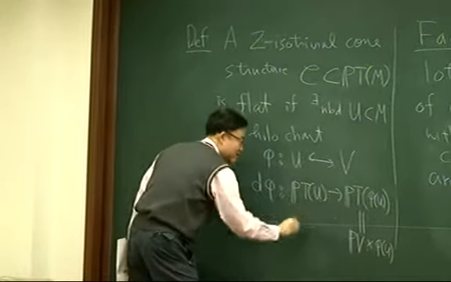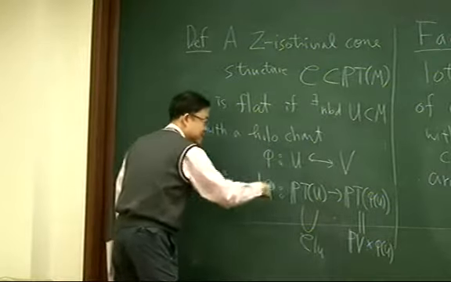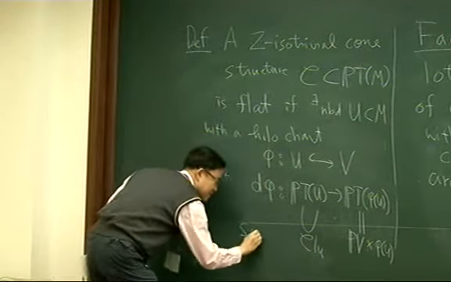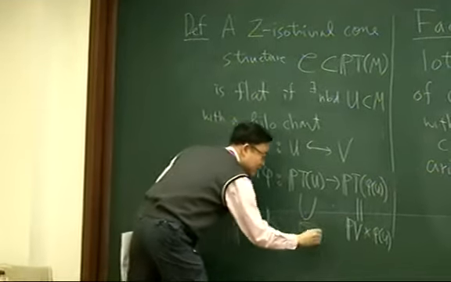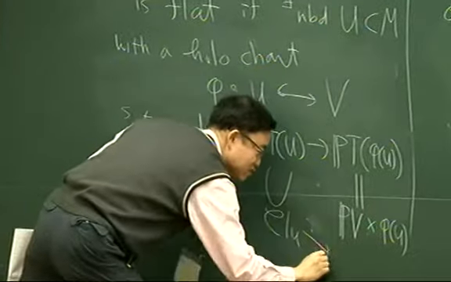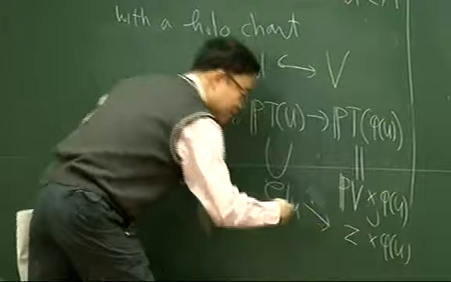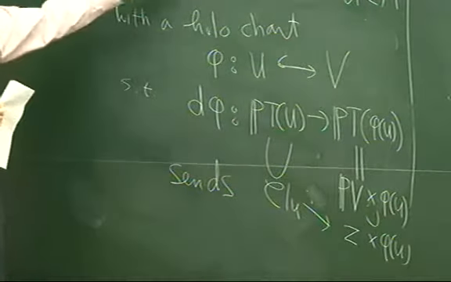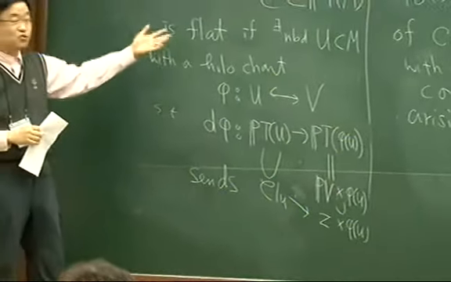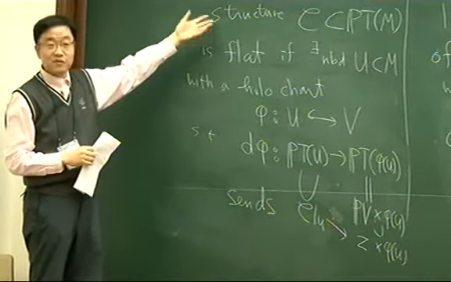And now here we have this cone structure. So if this differential sends this to G inside PV, then we say that this is a flat structure. This is the usual notion of flat in the sense of geometric structure.